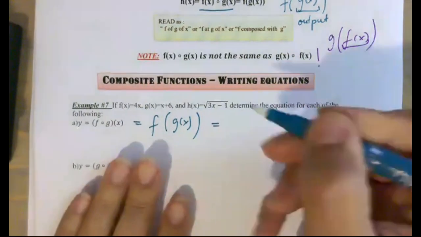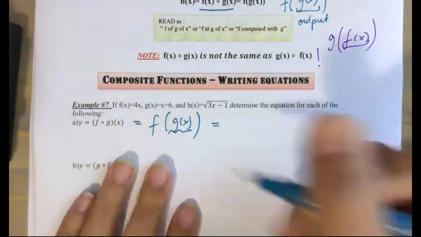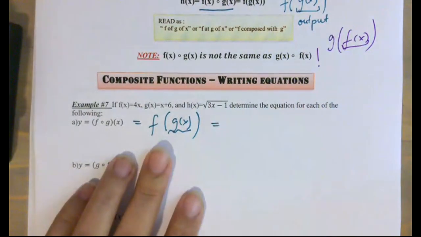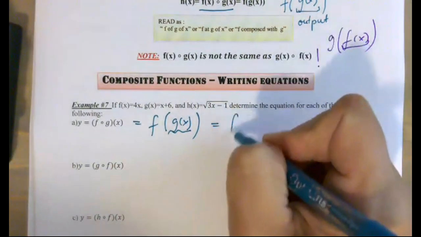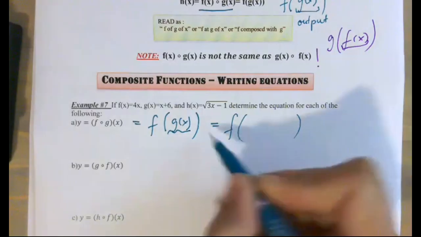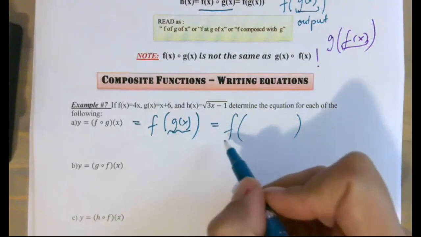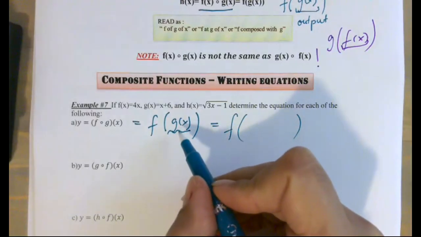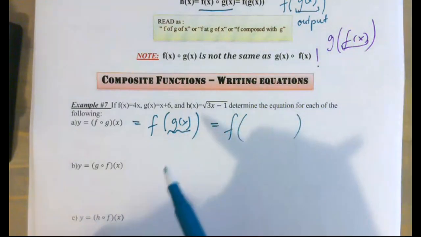It's very easy then to recognize what's the input of what. So now, if g of x is the input of the function f, let's rewrite it as f of, and replace the x part of f of x with the function g of x. So x plus 6.